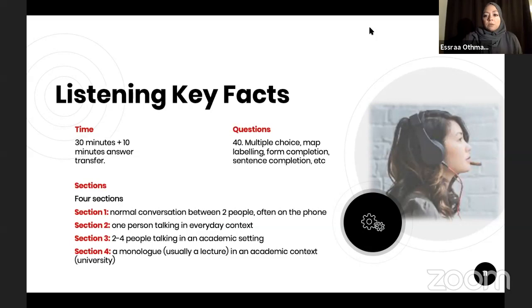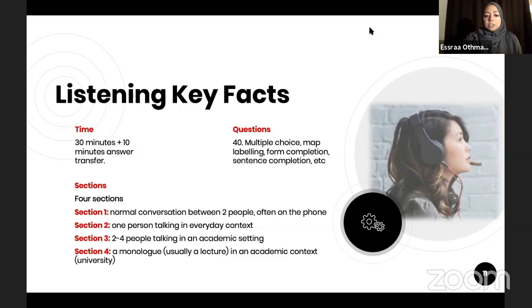When it comes to questions, you have 40 questions, and they are different in types. You can have multiple choice questions, map labeling, form completion, sentence completion. For the sections, we have 4 sections. The first one is usually a normal conversation between 2 people, often on the phone. And the second one is 1 person talking in an everyday context.